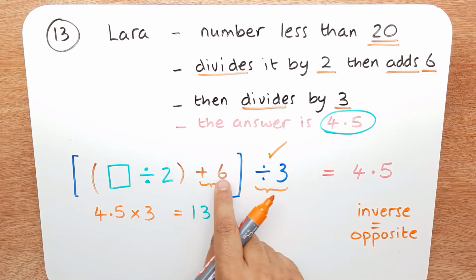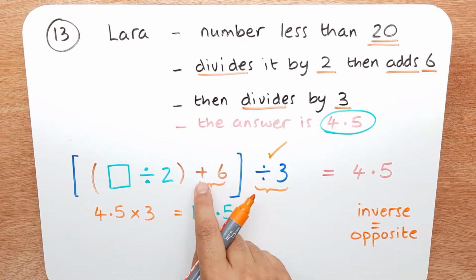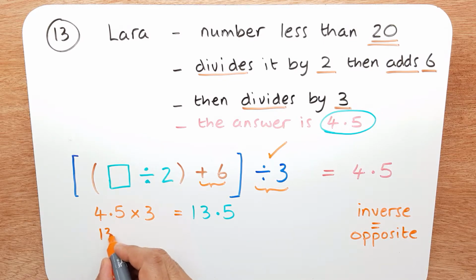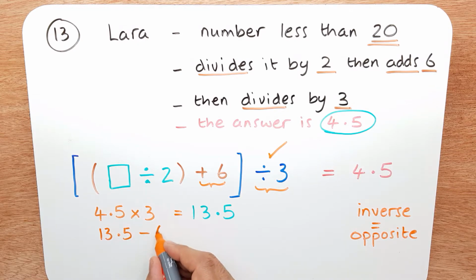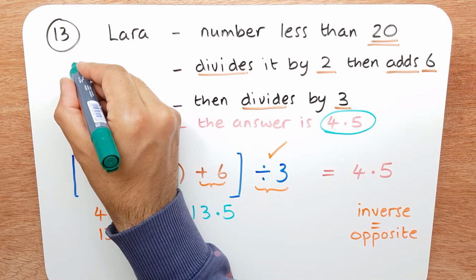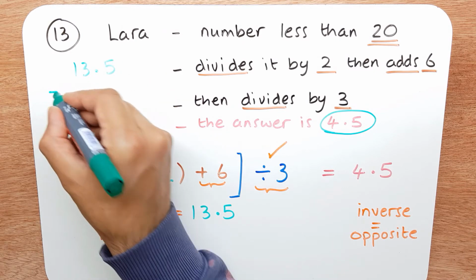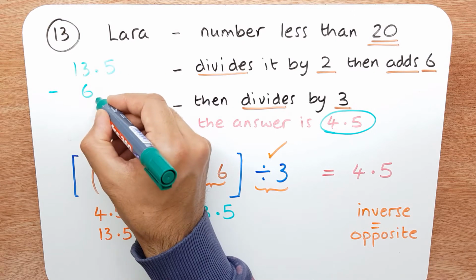So the opposite of a plus 6 is take away 6. So I'll do 13.5 take away 6. So let me do that up here. 13.5 take away 6.